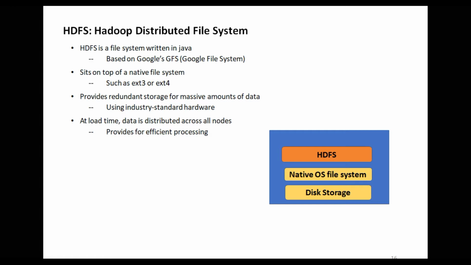Okay, and it sits on top of a native file system such as ext3 or ext4. If you see the diagram here, the blue box indicates a Linux machine, a Linux server, a Linux laptop, I can say a simple physical Linux machine.